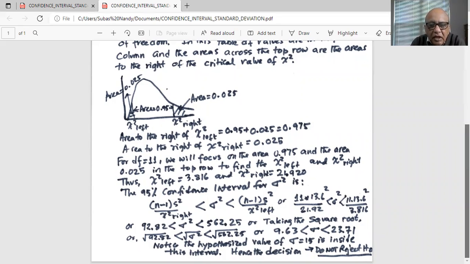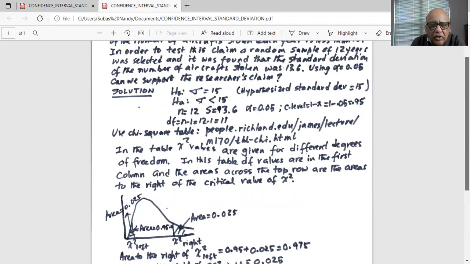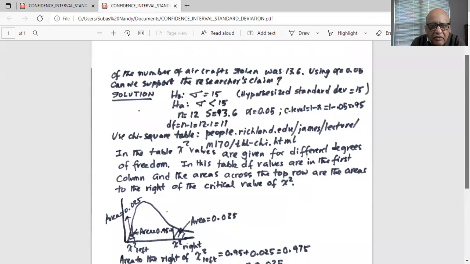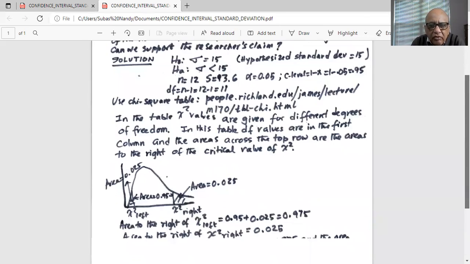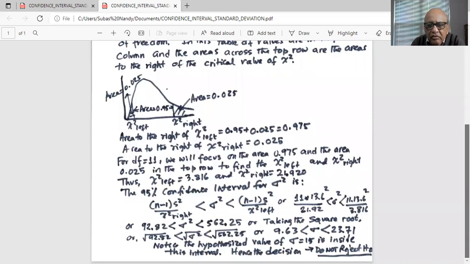That is, with 95% confidence, we can state that the actual value of the standard deviation will fall between 9.63 and 23.71. Remember, our null hypothesis was sigma equal to 15 and the alternate is sigma less than 15. So the hypothesized value of standard deviation is 15. Now our 95% confidence interval for the value of sigma runs from 9.63 to 23.71.